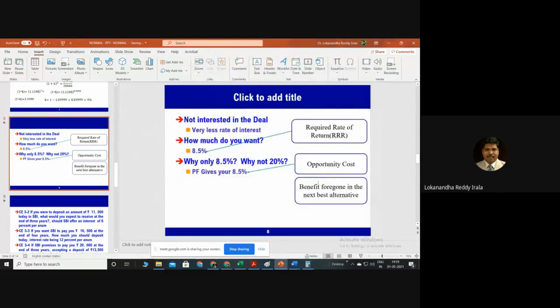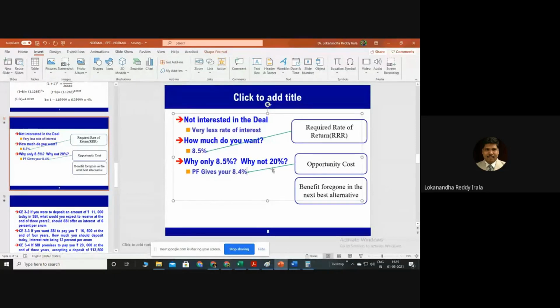So what does this mean? If I don't invest in SBI, I will be investing in PF, which is my next best alternative. By investing in SBI, I am foregoing this percentage, I am foregoing this benefit. So I demand at least this much in my investment.